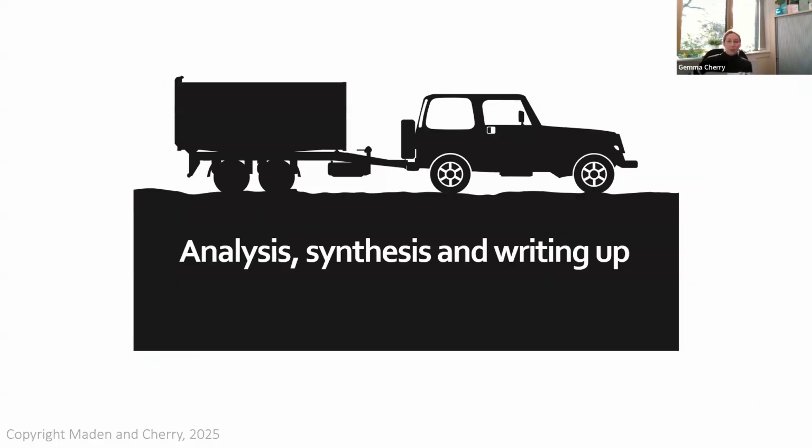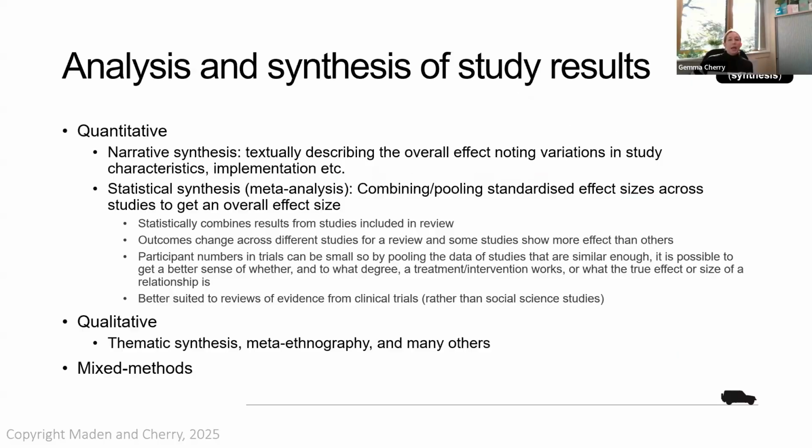The final step, once you've extracted relevant data and looked at the quality or trustworthiness of those data, is to bring it all together. And again, there are different ways that you can do this, and it will be very much dependent on the review question that you're answering and the data that you have. So if you're doing a review of quantitative evidence, there are broadly two different ways to synthesize your results. You can do a narrative synthesis, so using text to describe the overall effect, noting variations as a function of study characteristics, implementation, quality, and so on.